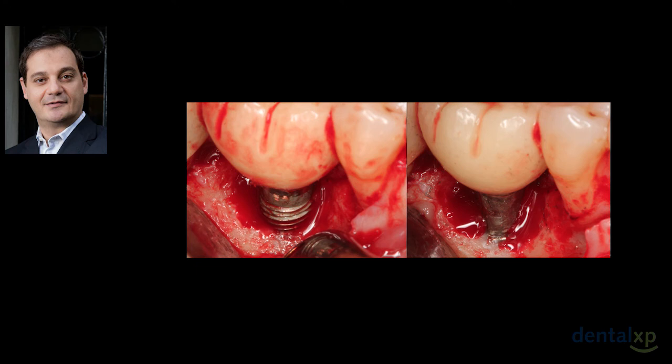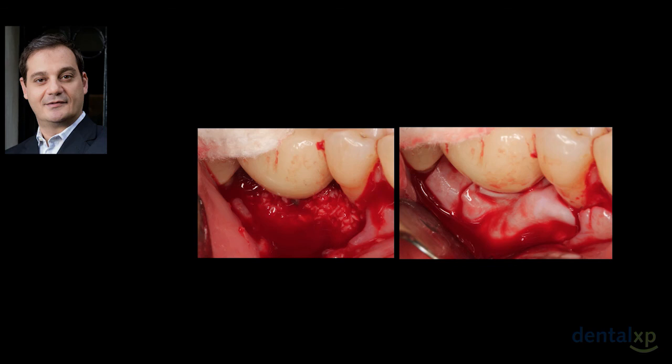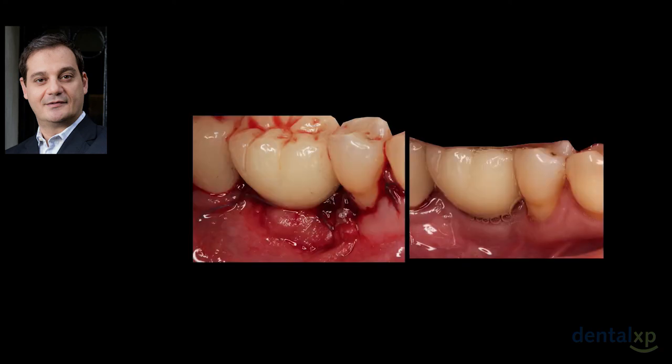The defect here was circumferential. Basically, we had a wall on the lingual, wall on mesial, wall on the distal, and those were grafted with allograft, and we used here a resorbable pericardium membrane, and I achieved a primary closure. And this is a 2 years follow-up on the right after treatment.